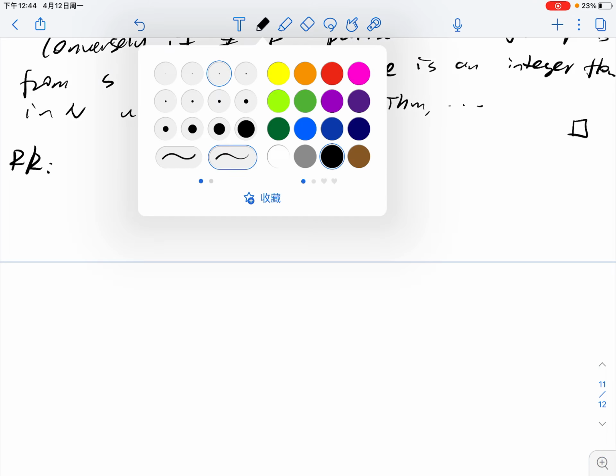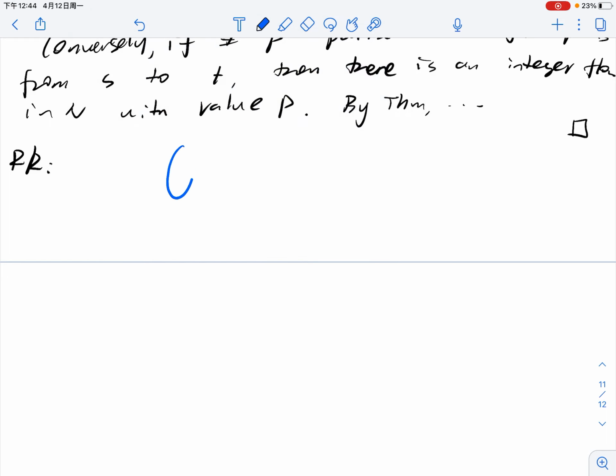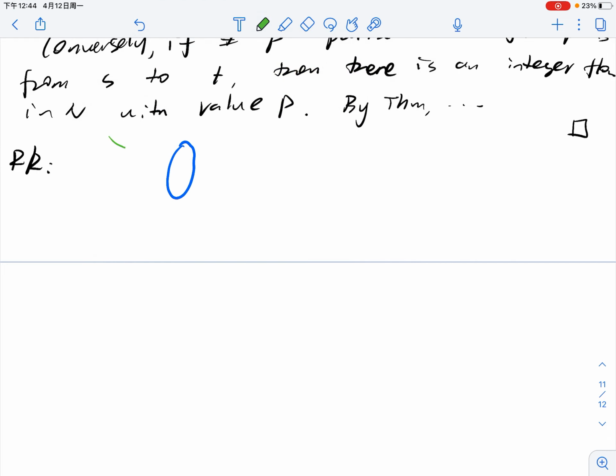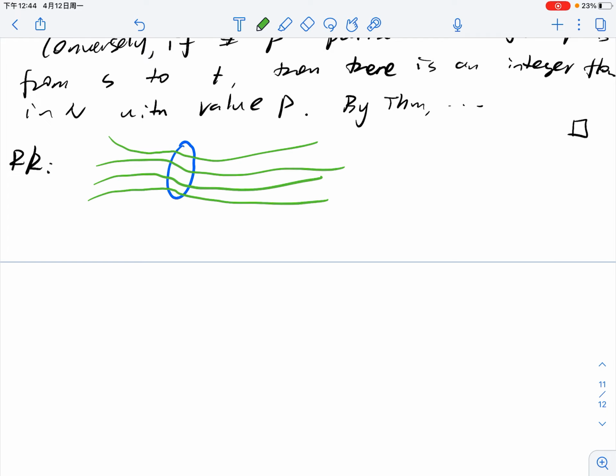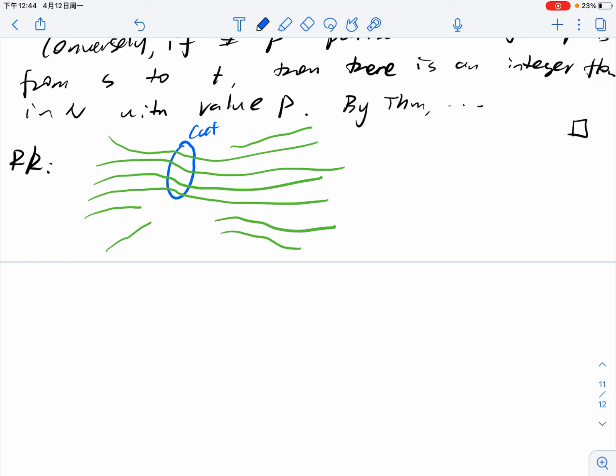And the reason to introduce this theorem is only because I want to draw the following picture. So you have flow lines, also some broken ones. And this is a cut. Okay, and those are flow lines.